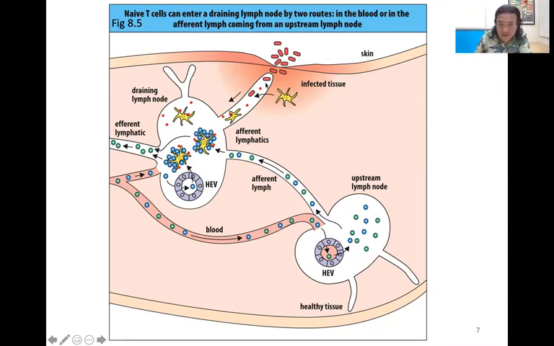The bacteria come in, and your dendritic cells, which were at first scrounging around in the tissue, picked up the bacteria. Maybe they broke it down into different protein pieces, little peptide pieces, the red dots. Then these dendritic cells drained into this draining lymph vessel, along with all kinds of other debris and fluid, as well as maybe the bacteria itself, and all of that arrives into this lymph node here.